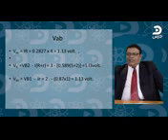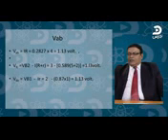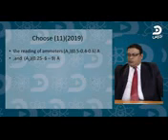The V DC or DE equals VB minus IR, so 2 minus 0.87 multiply 1, so the final result is 1.13 volt.